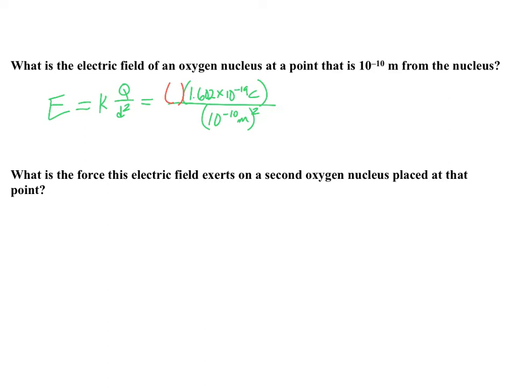Anybody know how many electrons oxygen has? 8. It has a charge of 8 of those fundamental things. So 8 is this number. You'd have to look that up.